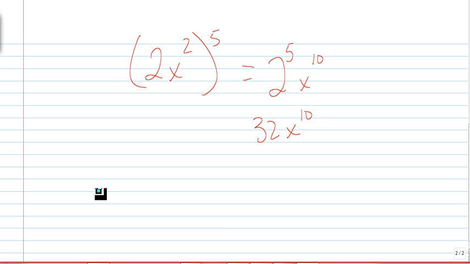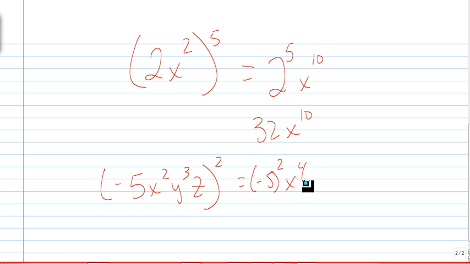Let's say I have this big long one right here. I have negative 5, x squared, y to the third, and z. That's my z. Okay. So now let's do this one. Remember, everything on the inside of the parentheses gets that exponent on the outside. So this will become negative 5 squared, x to the fourth, because 2 times 2 is 4, y to the 6, because 3 times 2 is 6, and z squared.